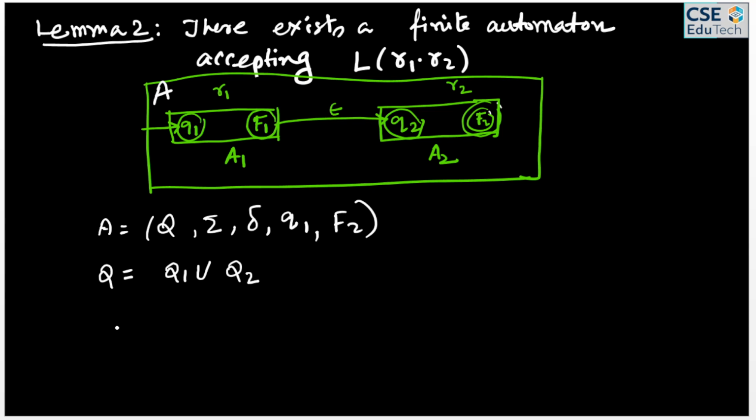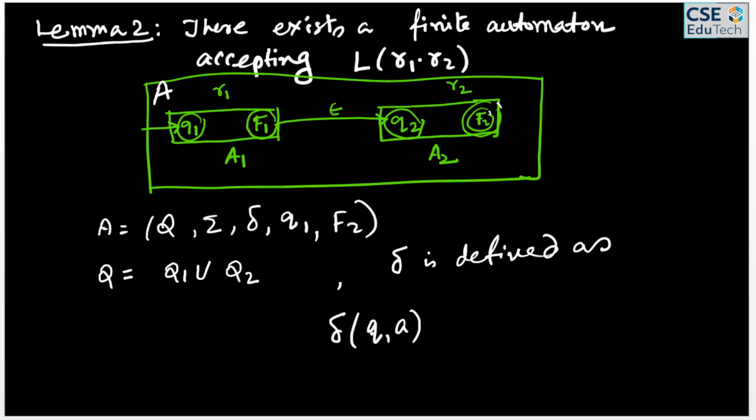So now we define what delta is. Delta is defined as follows. Suppose any state Q belongs to Q and A belongs to any alphabet from sigma.